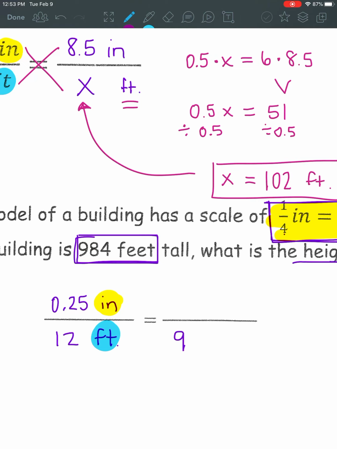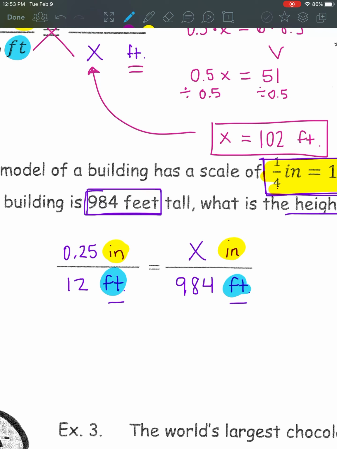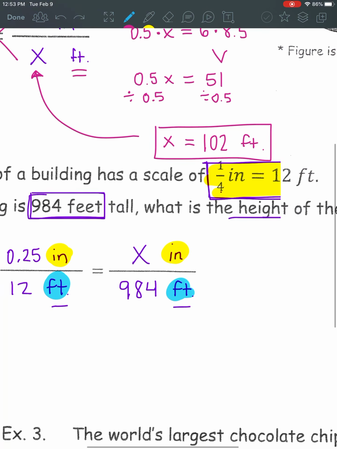So 984 feet actually goes on the bottom, and you can always double check because those units have to match up and be the same. So the top, what we're actually finding is the model height of the building, and we're going to be finding that in inches, and we know those because again they match up on the top. Okay, so I created a proportion, and now we just need to solve our proportion.